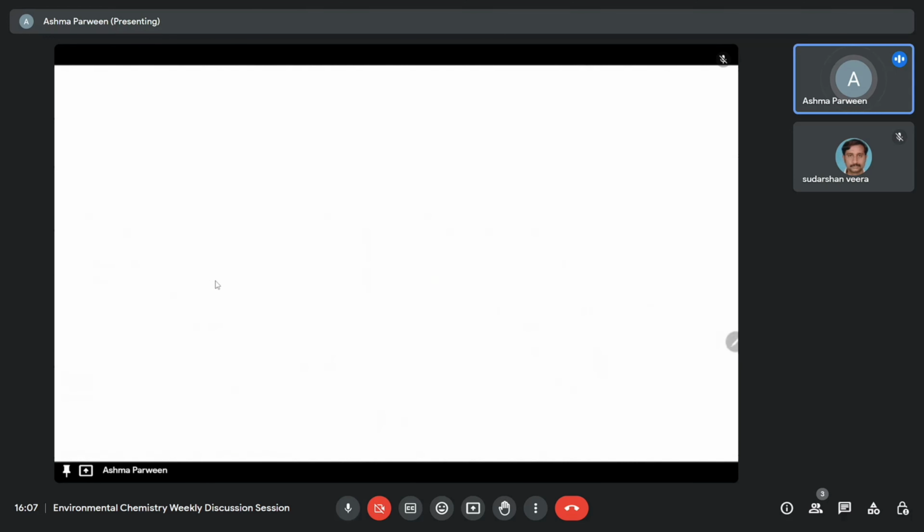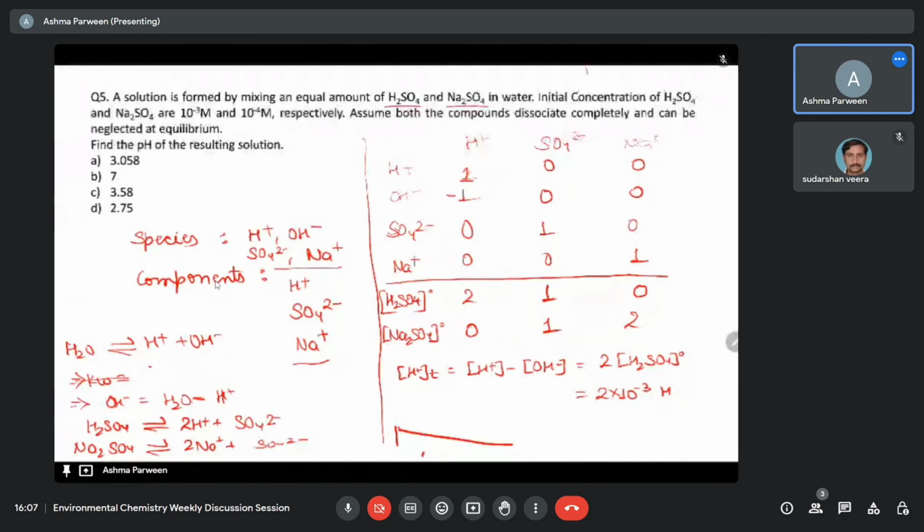And next we will do the component mass balance on sulfate. Let's see, SO4 2 minus will be equal to 1 times of initial H2SO4 added plus 1 time of Na2SO4 added, which is equals to 10 power minus 3 plus 10 to power minus 4.